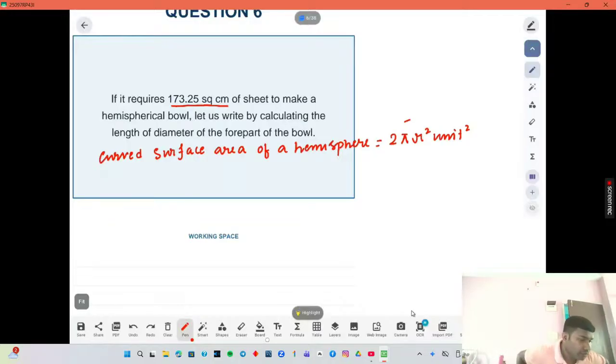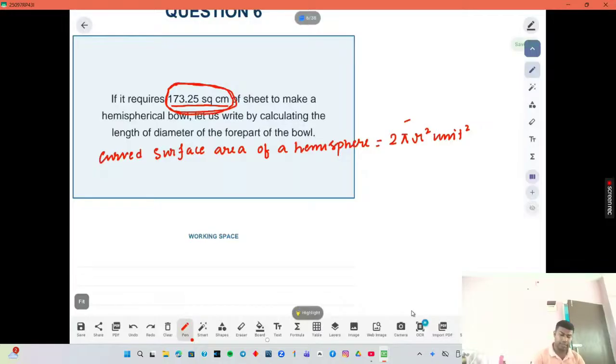Now, what is given here? It is given that it requires 173.25 centimeter square of sheet. What is this value? This is the curved surface area of that bowl. So how do we find it?